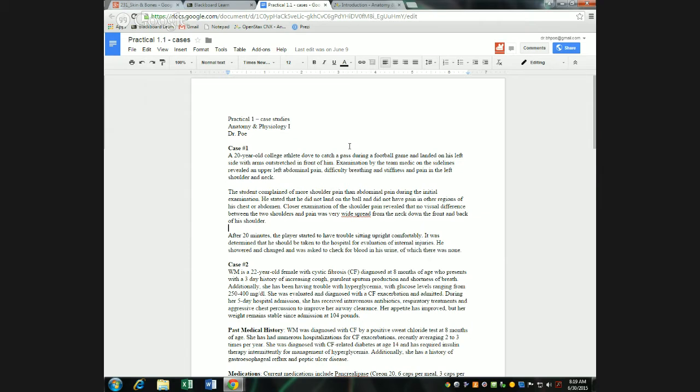So case one, like I said, there's a particular organ that he's injured and it's located in a particular body cavity. But I might want to ask you a question about one of the other body cavities. So that's not going to be about the case, but it's still about the material that the case is from.